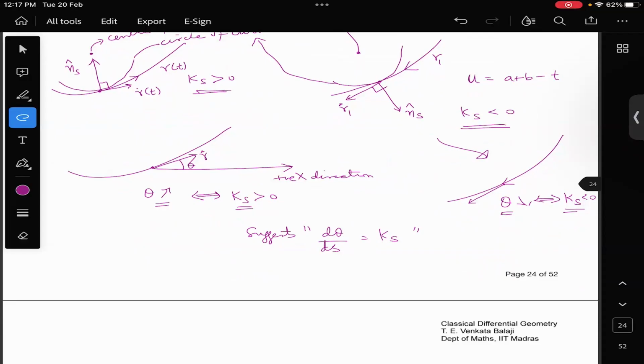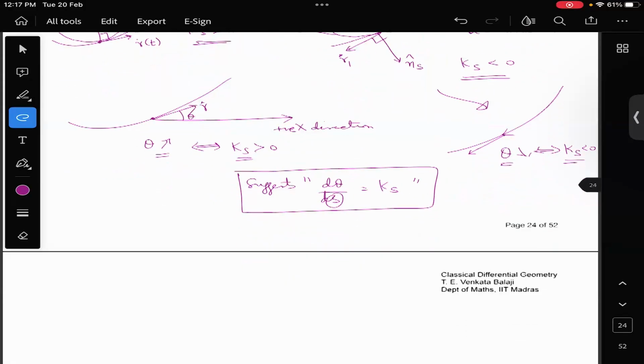I have put s here, I have taken the arc length parameterization, and at the back of your mind, the reason I am doing this is that I need a unit speed parameterization whenever I want to talk about anything, and the unit speed parameterization is given by parameter equal to arc length. So I just want to give some motivation.